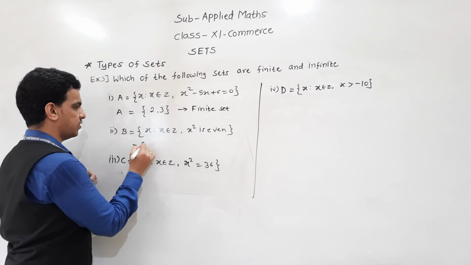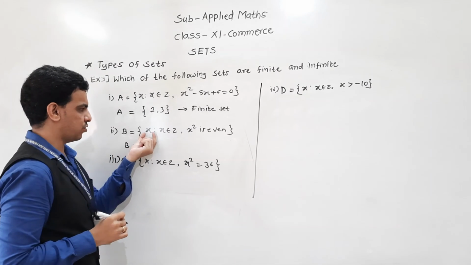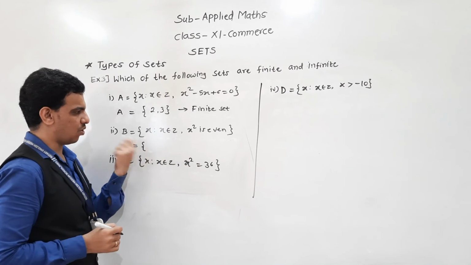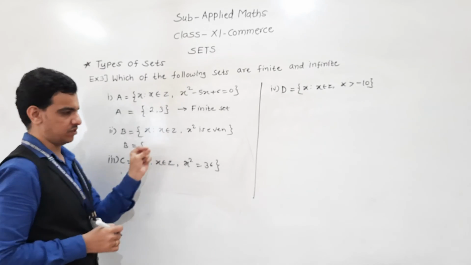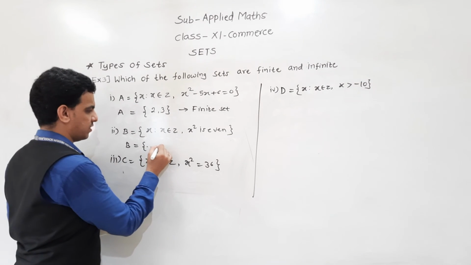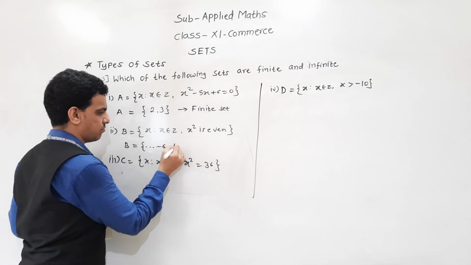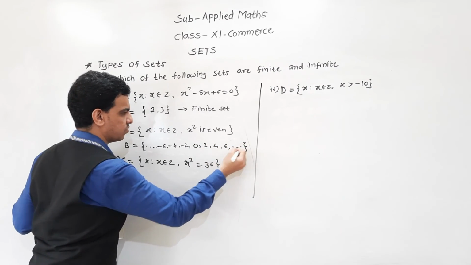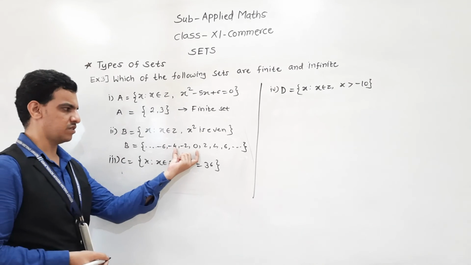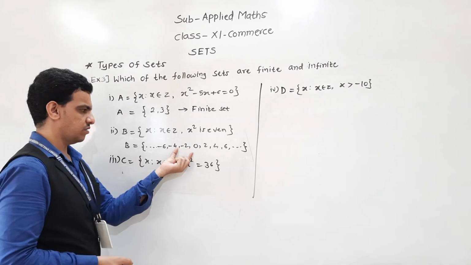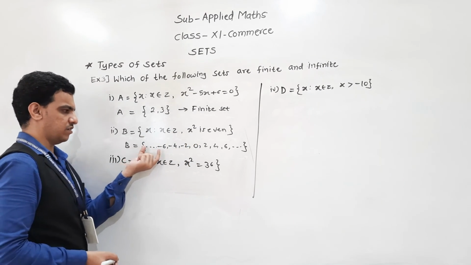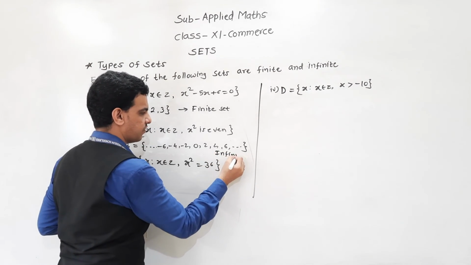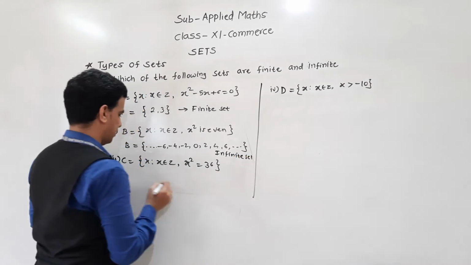Then B is the set of all x belonging to Z such that x square is even. So we have to collect all x whose square is even. These are even numbers: minus 6, minus 4, minus 2, 0, 2, 4, 6 and so on. So we can write this is an infinite set. So B is an infinite set.